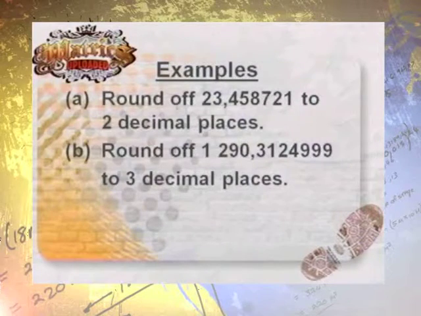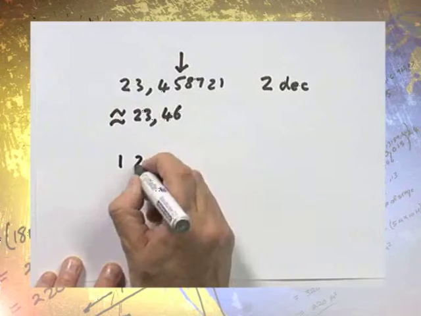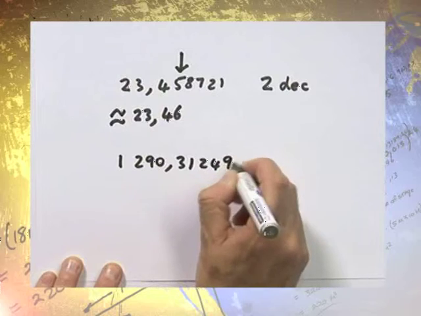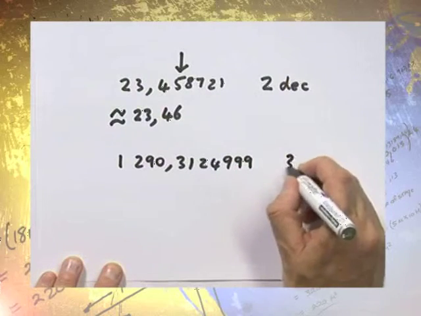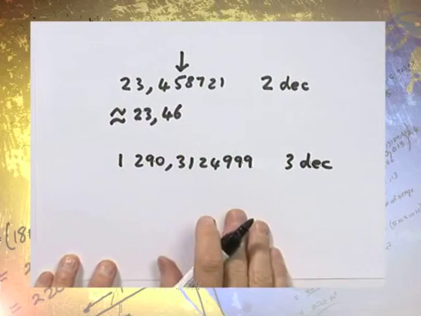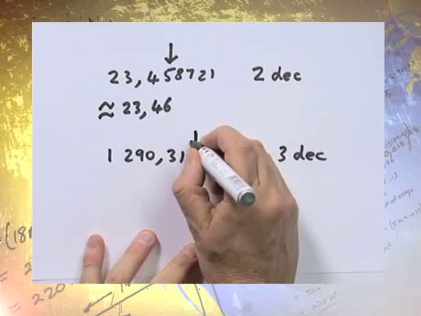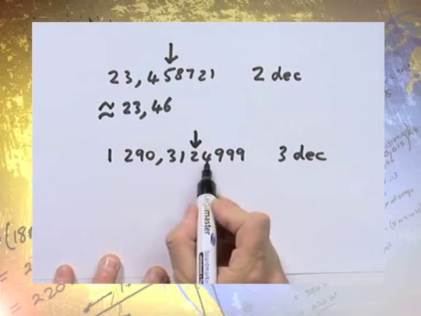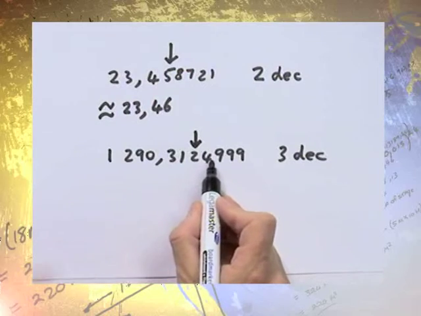Should we look at another one? Round off 1,290,312,4999 to 3 decimal places. Very easy. Let's apply the rules of rounding. We're going to round off to 3 decimals, so we go there. Now let's be a nosy neighbor and look to the right. That's 4. Now, what is 4? 4 falls in the zone 0, 1, 2, 3, 4.